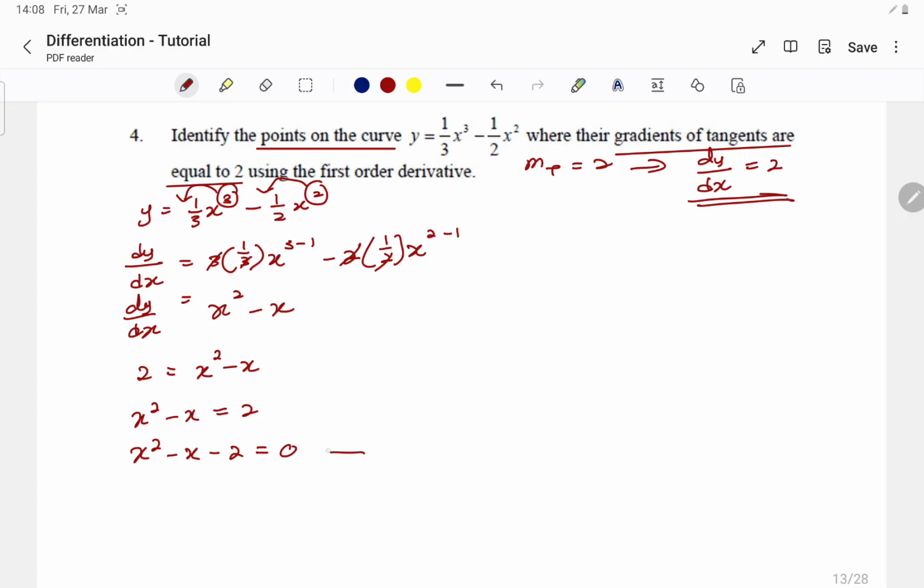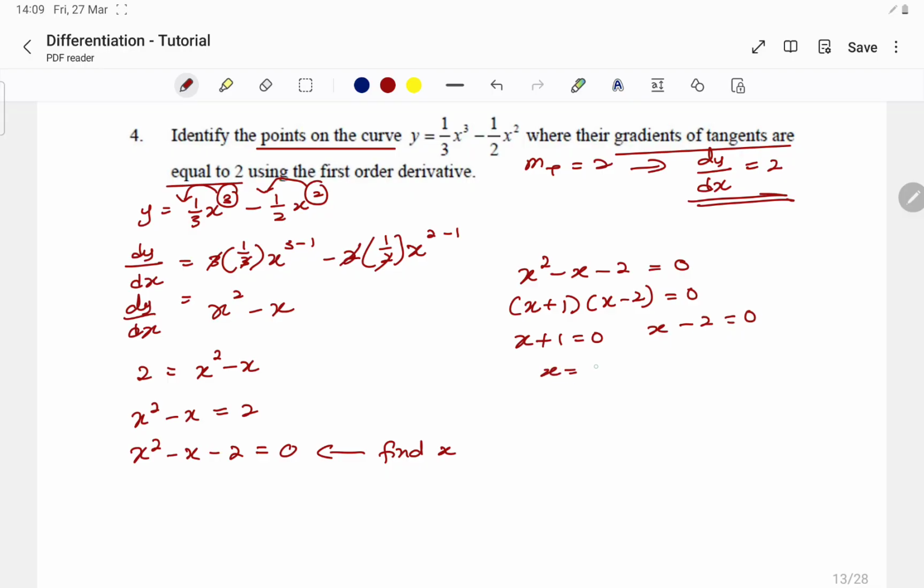Then from here, we find x. If you see this is a quadratic form, then we can use factorization. If you want to use calculator also can. So here you will get (x plus 1)(x minus 2) equal to 0. Then you separate them, x plus 1 equal to 0, x minus 2 equal to 0. Then one value of x is -1, another one is equal to 2. So these are your 2 values.